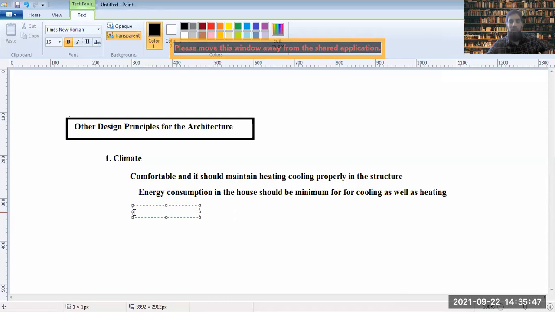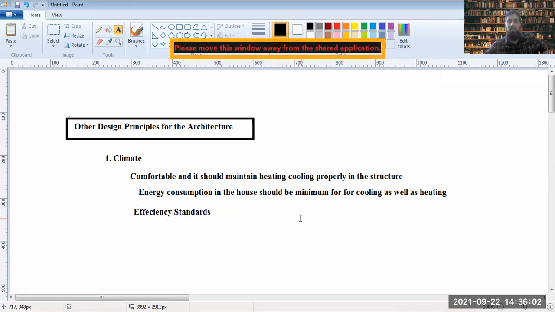So you actually need to design an architectural building for efficiency standards, wherein you maintain all the standards as well as thermal principles for construction.